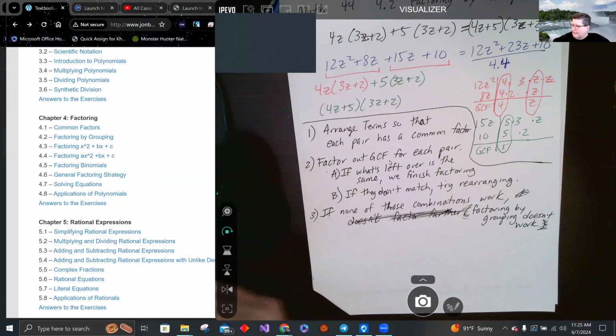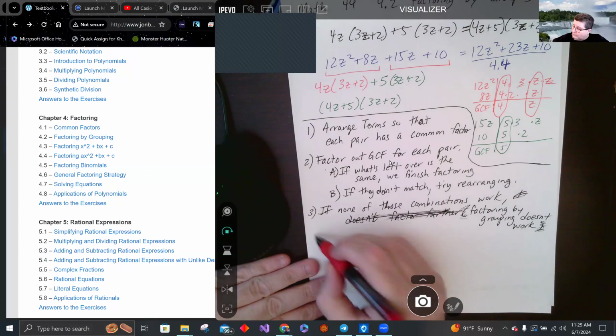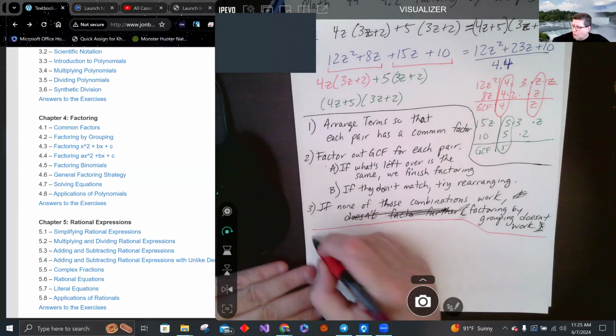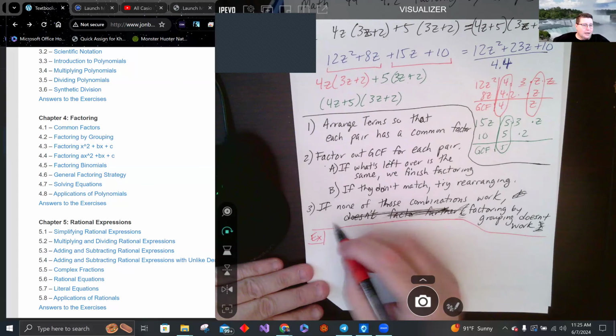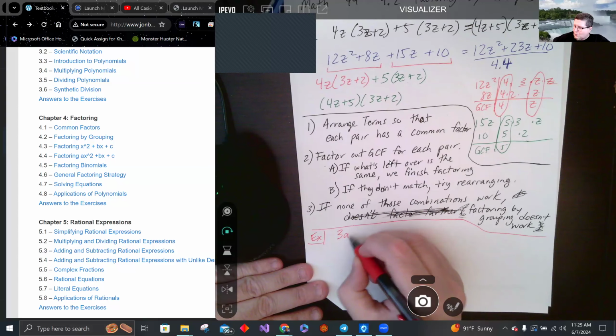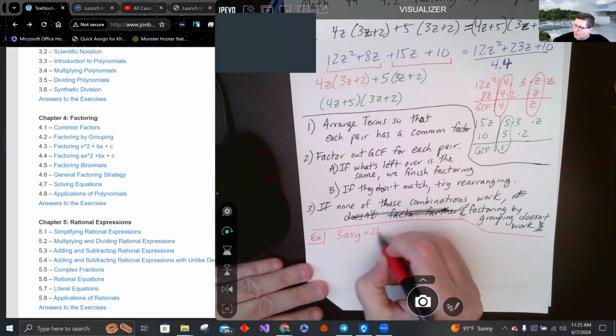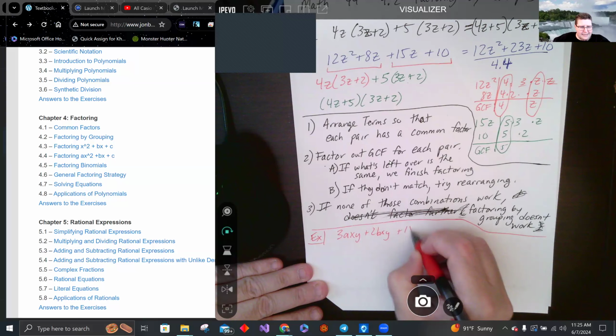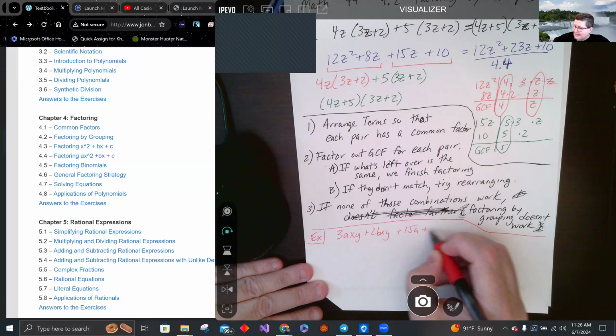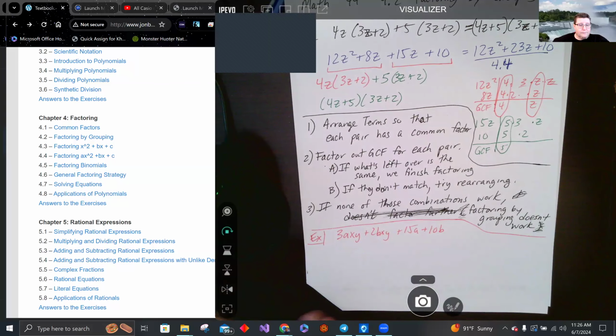All right. Examples. First example. One where we don't know what it has in common. We've got 3axy plus 2bxy plus 15a plus 10b. So I'm going to pair them up and I'm going to leave them.